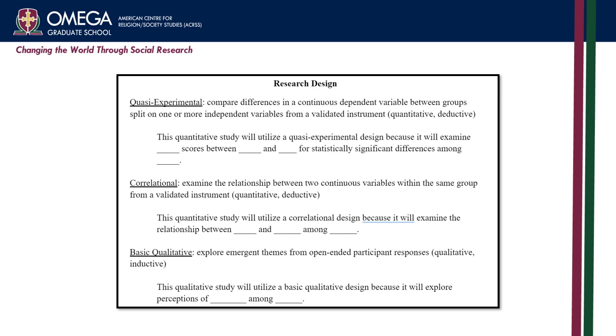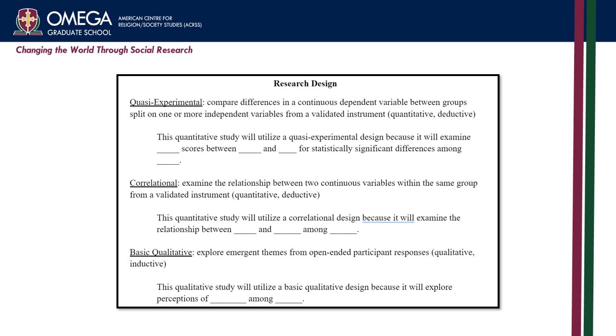So remember, your research design follows your stated research methodology. So for quantitative methodology, there are 2 possible designs you can choose from, quasi-experimental or correlational. Quasi-experimental designs compare differences in a continuous dependent variable between groups split on one or more independent variables from a validated instrument.